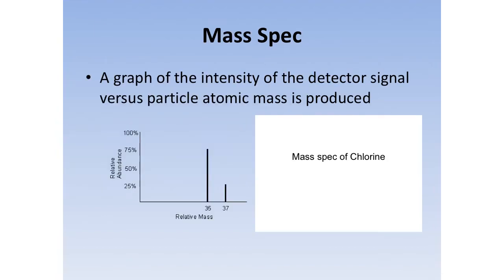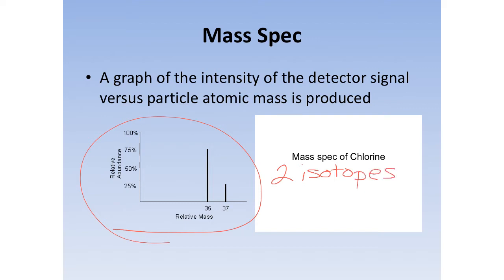For example, this one shows us the mass spec of chlorine. So we see by looking at this, we have two different isotopes since we have two peaks there. We see that the mass of 35 is about 75% abundant.